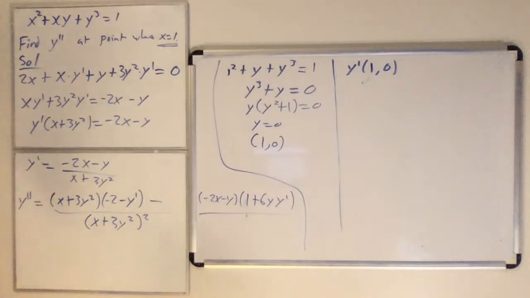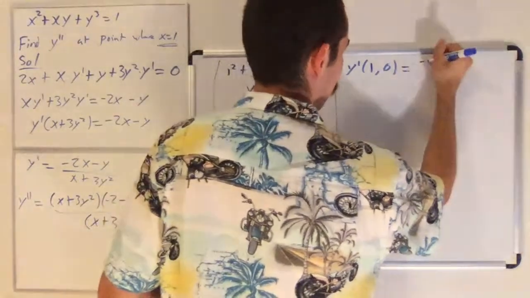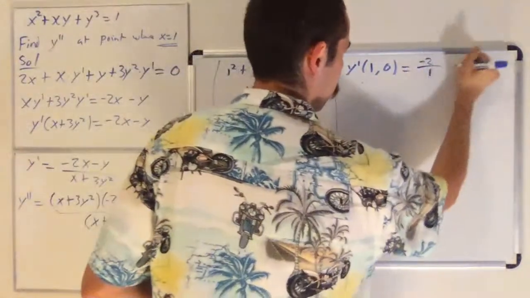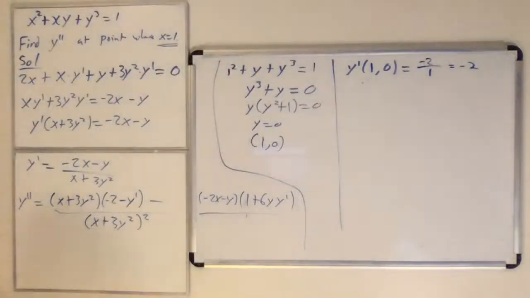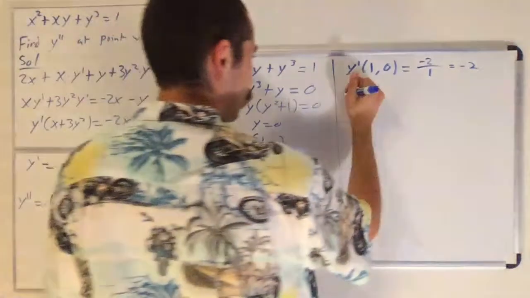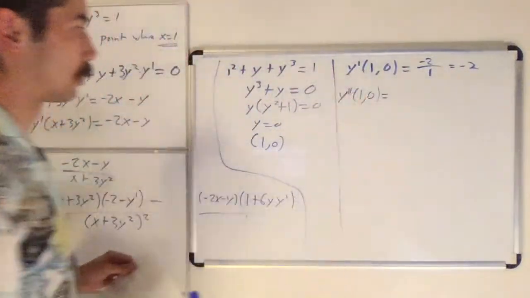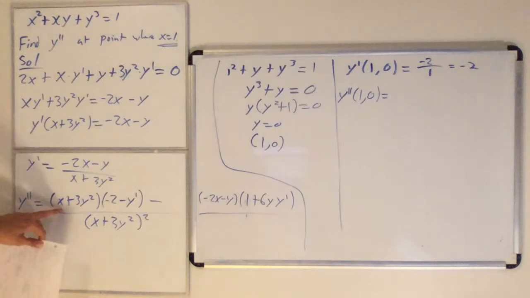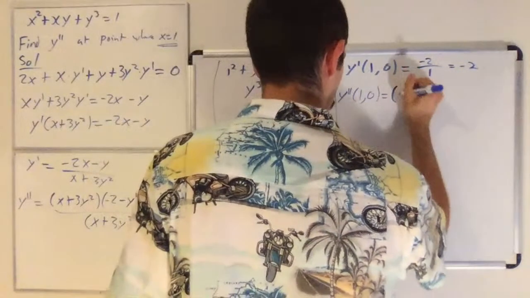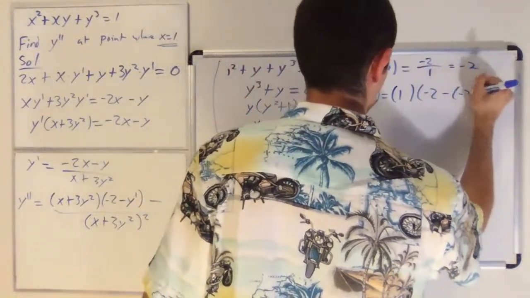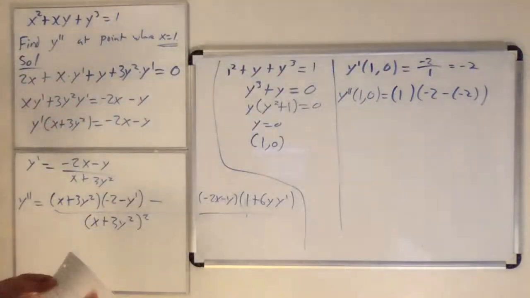So y prime of 1, 0 is equal to negative 2 over 1. And so y double prime of 1, 0 is equal to 1 times negative 2 minus negative 2. Oh, there's more of our numerator here.